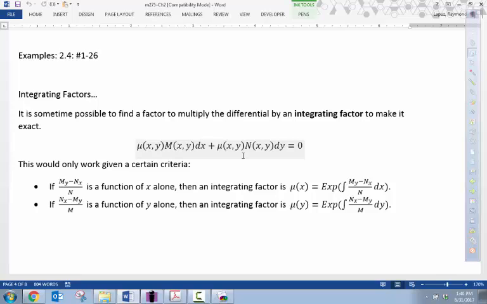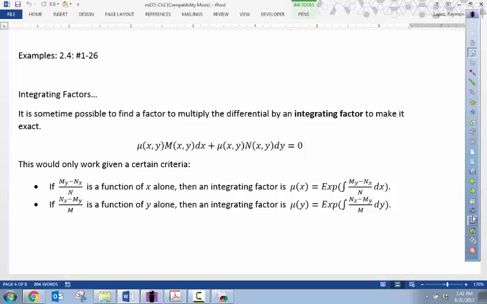Now, I don't know if you guys have any problems in your homework with this information, but it wouldn't be something that I would test you on. But I think since we did talk about integrating factors in the previous section, it's worthwhile taking a look at an integrating factor to make something exact. So this integrating factor is a new function that would make your differential equation exact if it wasn't already.